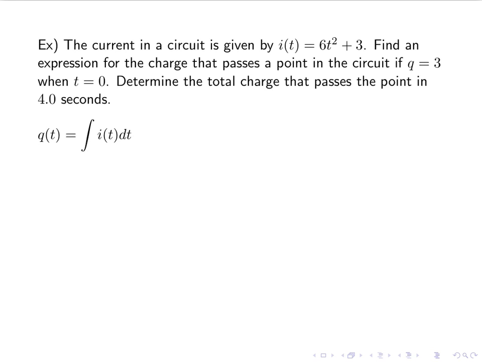So again, we'll start with the fact that q of t is the integral of I of t dt. Plug in our I, so 6t squared plus 3. Again, integrating is just the power rule, so 6t squared becomes 2t cubed, 3 becomes 3t, plus our constant. And again, we're going to use this fact to find our constant.